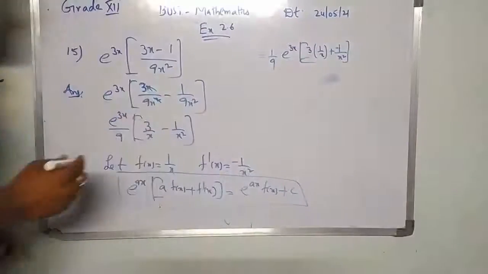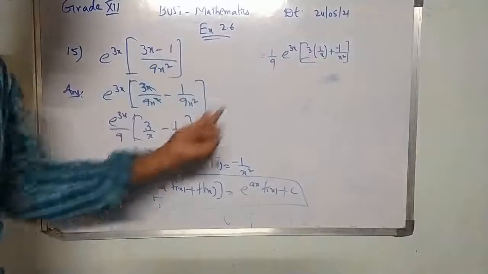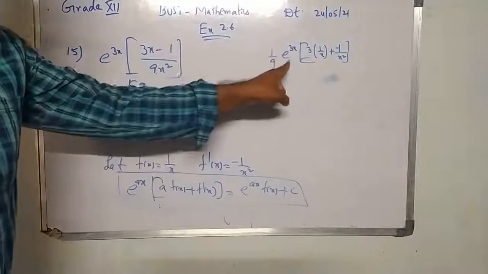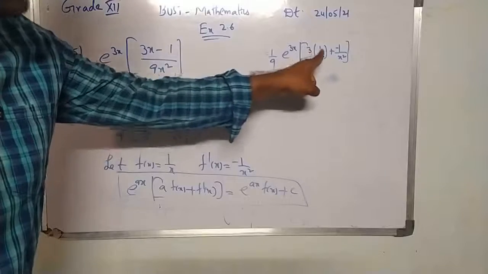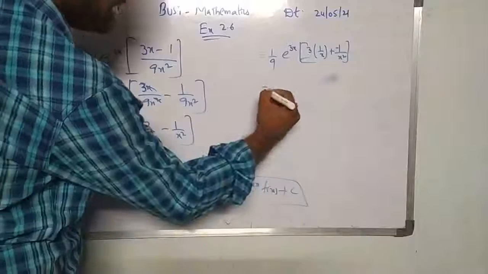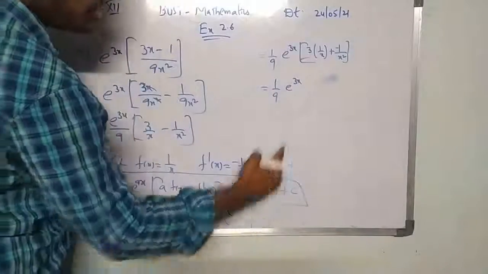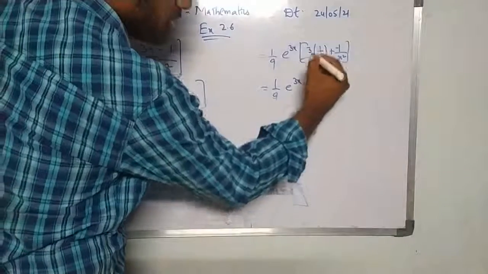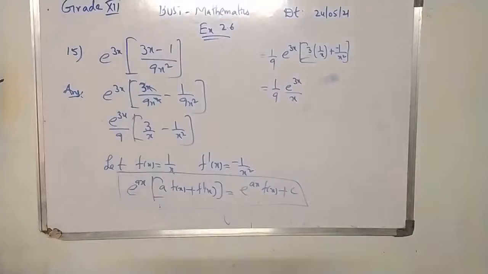Now, if you see here clearly, 1 by 9 is a normal number, skip it. Now it is in the form of e power ax into a into f of x plus f dash of x. So we can write it as e power ax, that is e power 3x into f of x. f of x is how much here? 1 by x, plus.